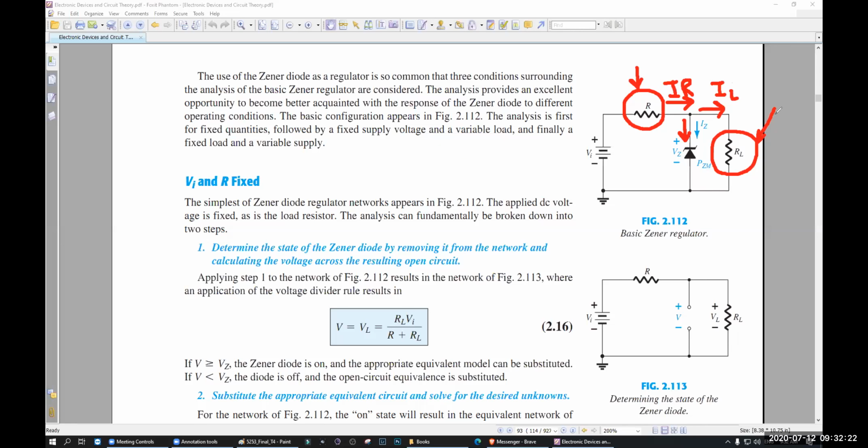This IL depends on the value of the resistance RL. Because we know according to Ohm's law, V divided by R is equal to I, right? Here the V is actually the 5 volt, that means VZ. R is the value of RL. So the IL is fixed actually.